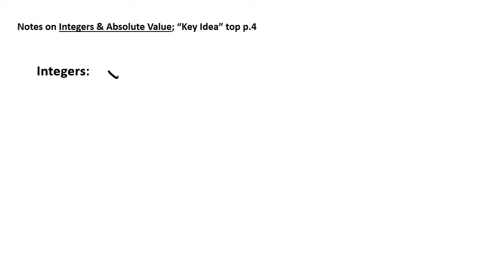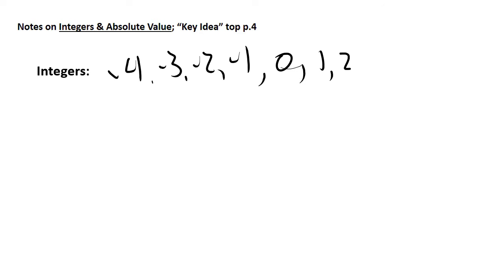So we start with -4, -3, -2, -1, and then you have 0, and then our counting numbers, 1, 2, 3, 4, etc. It goes on and on in each direction. Those are our integers, okay?